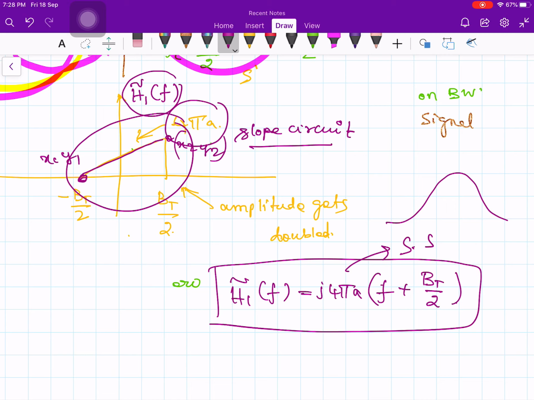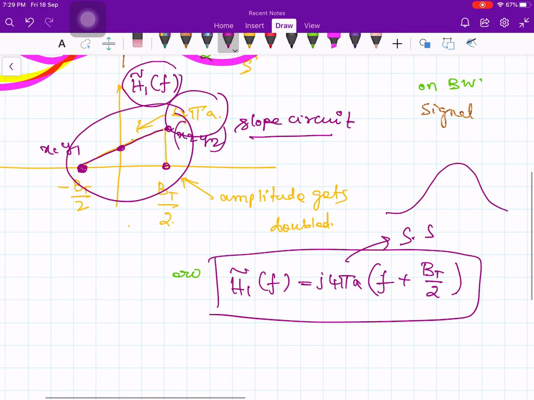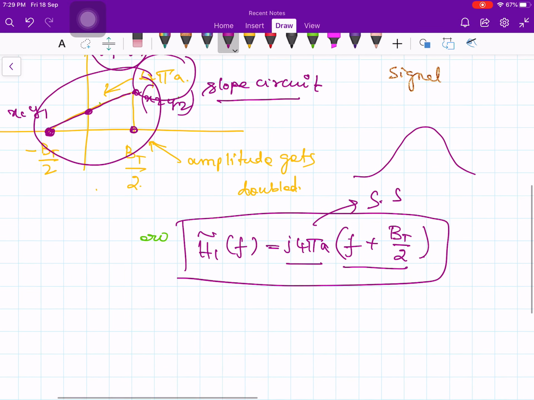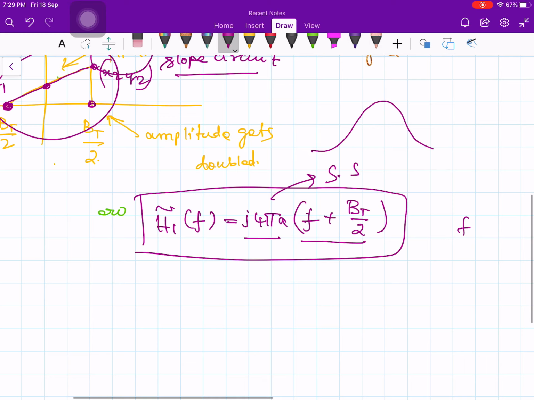The straight line at f equals fc, its value is how much? You can find out from the straight line. At minus bt by 2, it is 0. At plus bt by 2, its value is 4 pi a times that frequency. So the equation of the straight line can be written as j times 4 pi a times f plus bt by 2 in the range mod of f less than bt by 2.